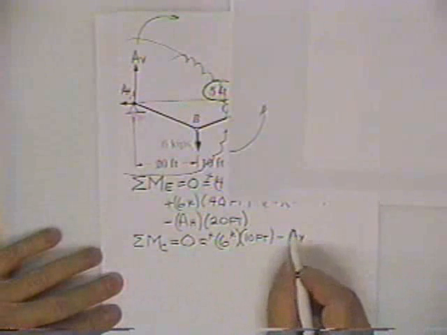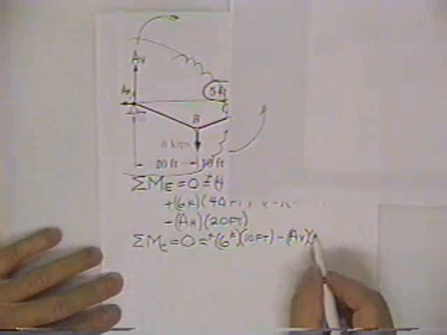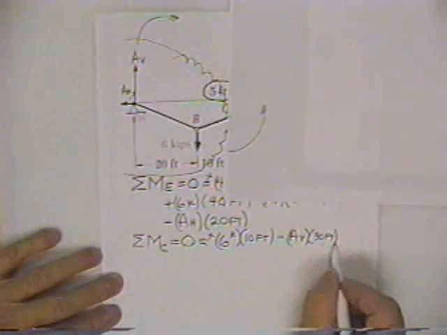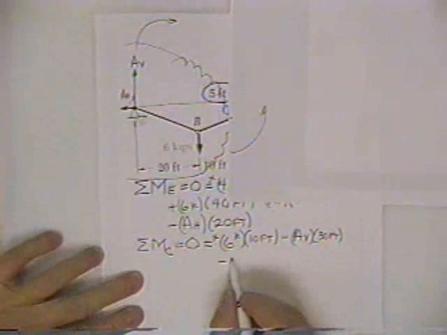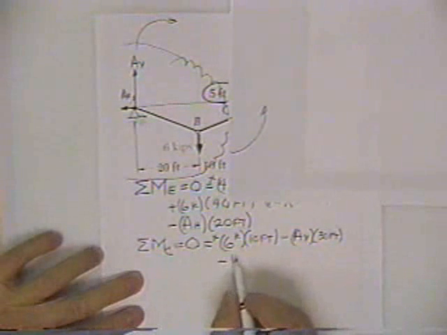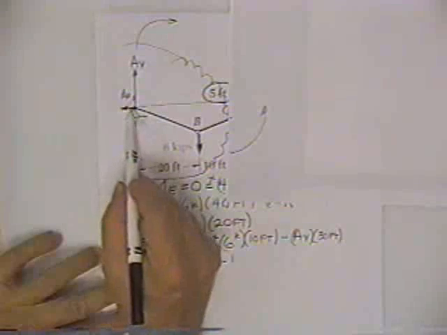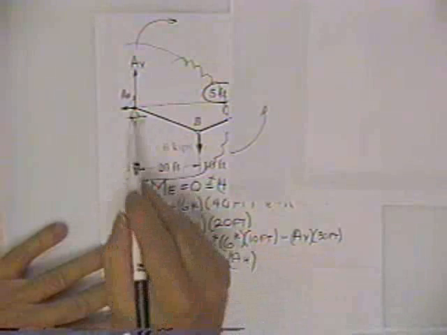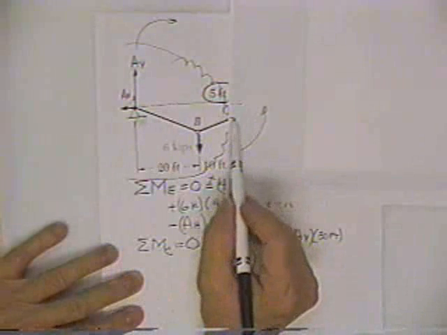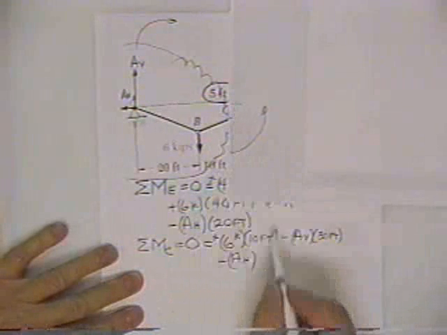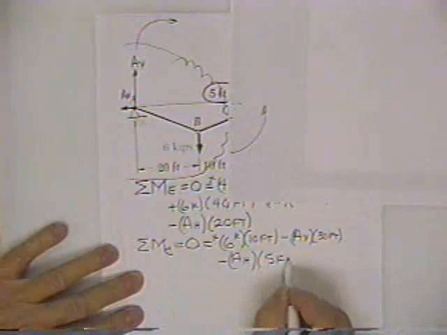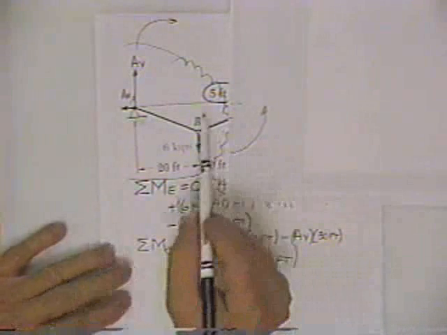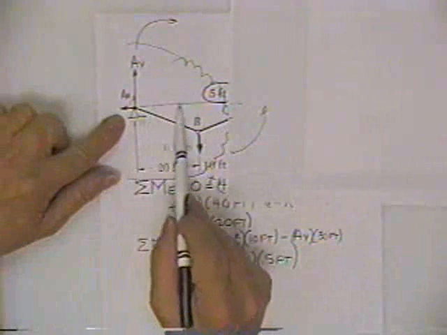Minus, because of the way he's going to roll, A vertical times 30 feet minus A horizontal. Let me put A horizontal down first. A horizontal. His moment arm, he is 5 feet away. So the moment arm is 5 feet. Now let me see which way he's going to roll. I drag him back here.